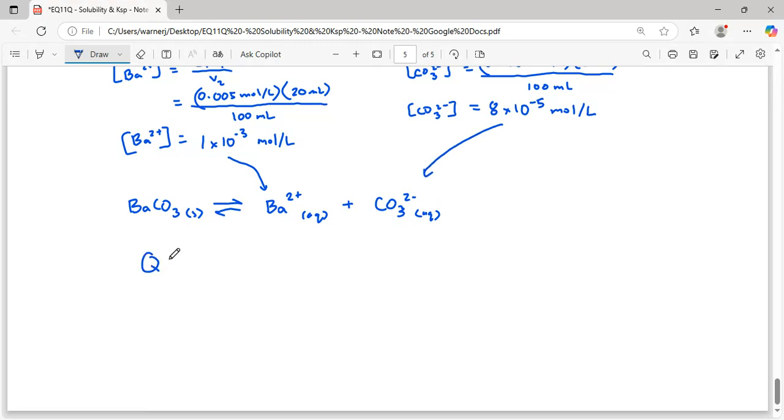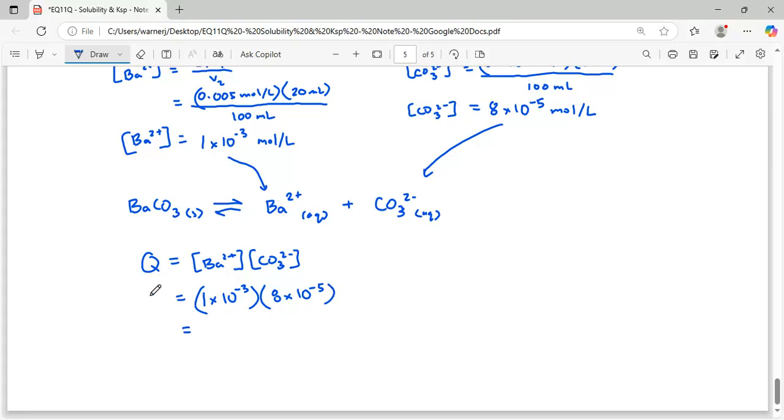Now Q is set up the same way Ksp would be, so it's the barium ion concentration times the carbonate ion concentration, and both of these components have exponents of 1 because their coefficients are 1 in the equilibrium. And then I'm just going to sub in my values. Hopefully I haven't made any mistakes on the math part.